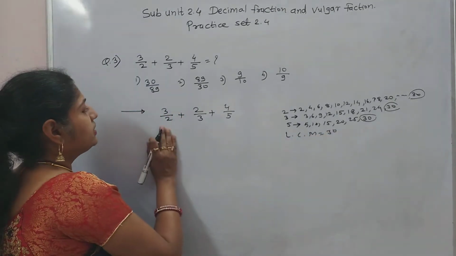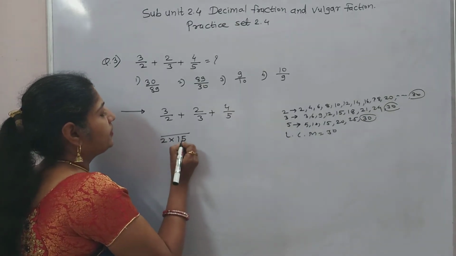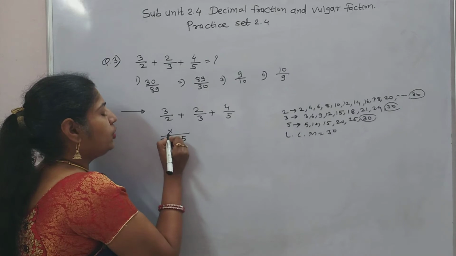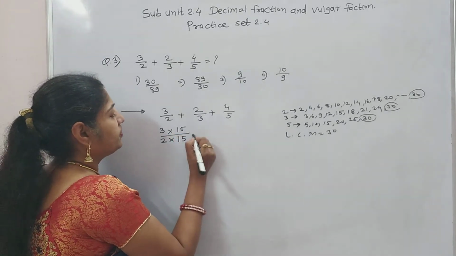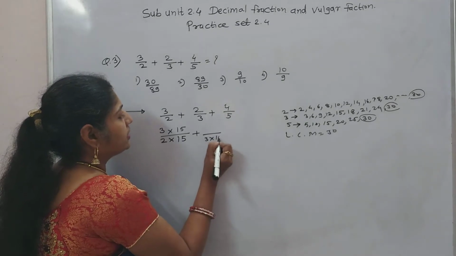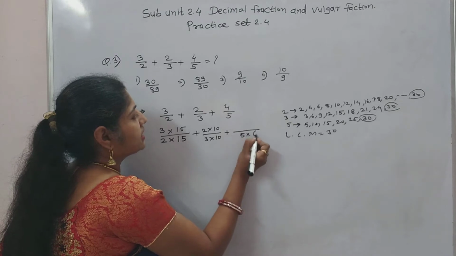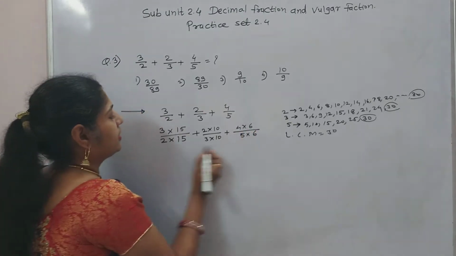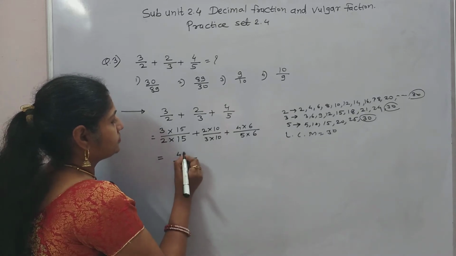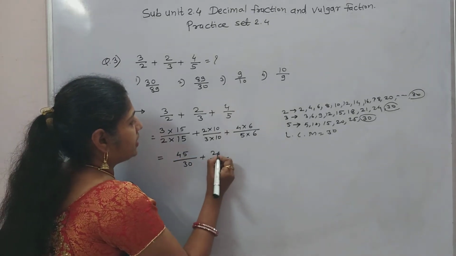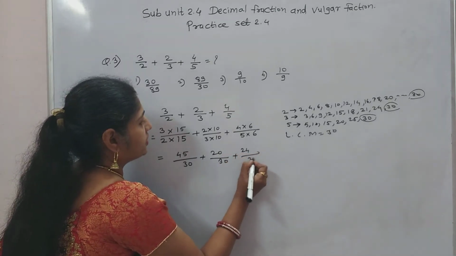So we make the equal denominator: multiply 2 by 15, 15 into 2, 30. So in the numerator also multiply by 15, 3 into 15, 45 upon 30. Then 2 into 10, 20 upon 30. And 5 6s are 30, so 4 6s are 24, 24 upon 30.